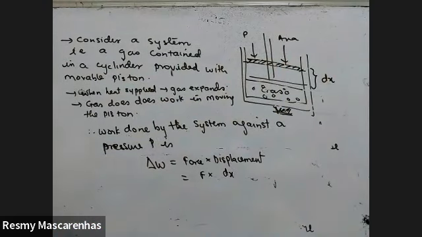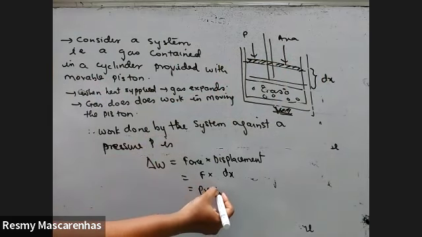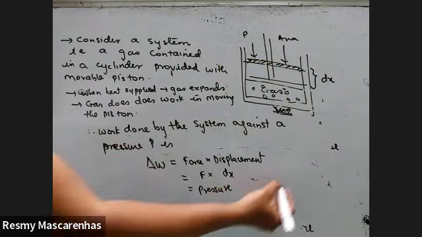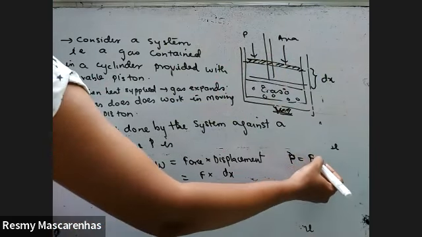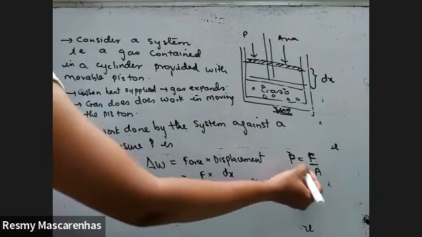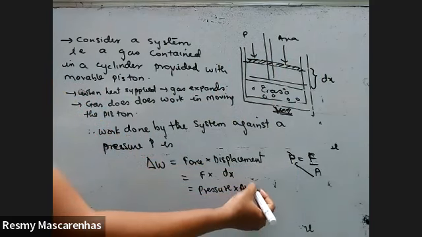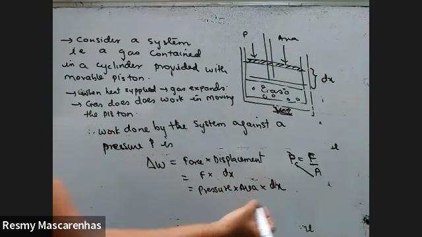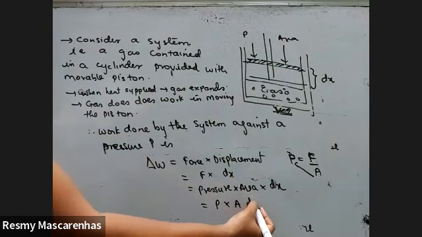Force can also be written as pressure into area, because pressure is force per area. You know this formula, pressure is force per area. So what will be force? Pressure into area. So work is P, area A, into dx.